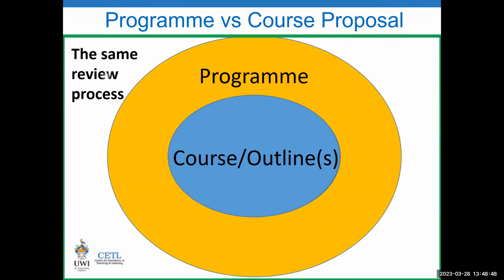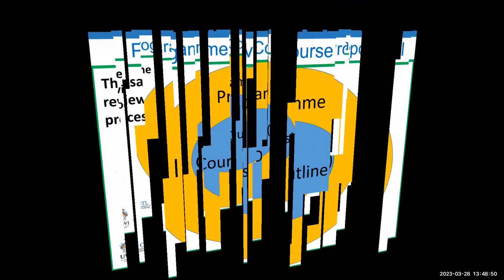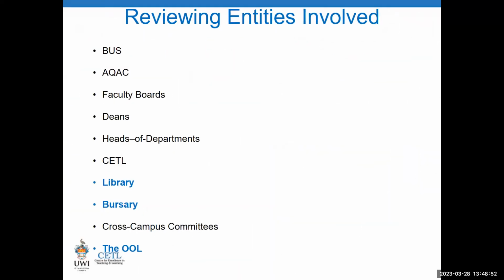The review process is the same in the sense that it goes through the same reviewing entities. It goes through the same processes for the most part. We did explore that in last week's session to some extent. In this session this afternoon, we're going to look at it even further.